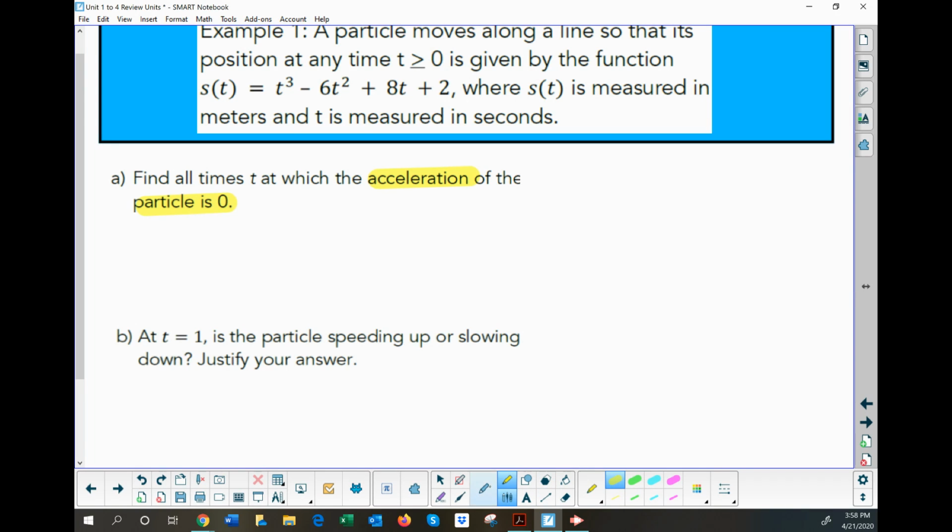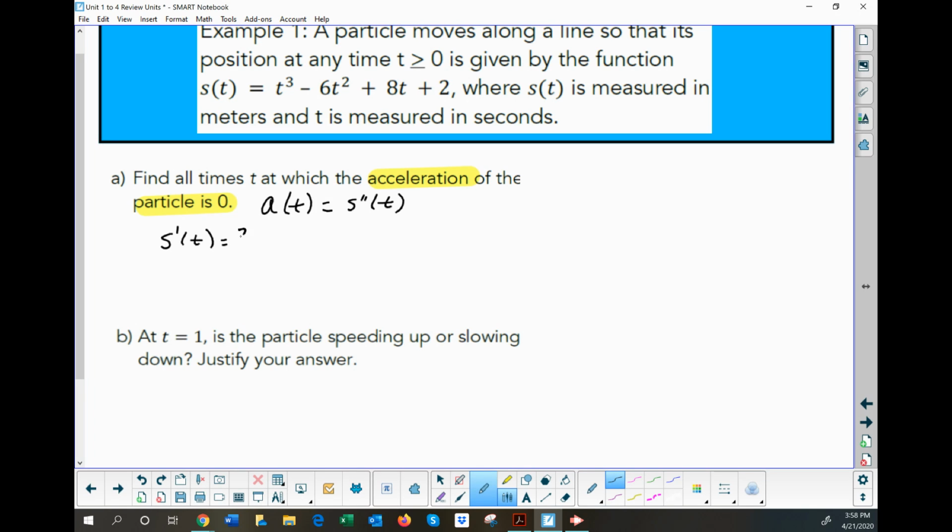So now I've got to think back in my mind, how do I get to acceleration? Well, acceleration is equal to s double prime. So I'm going to go ahead and write that down. There's nothing wrong with writing that down, right? It conveys information to the person reading your answers. So let's get a first derivative to get things rolling.